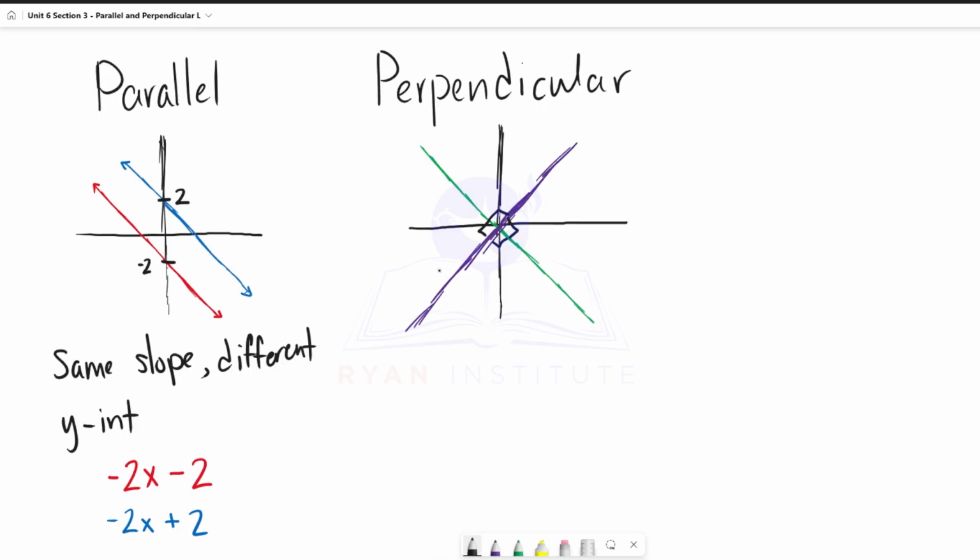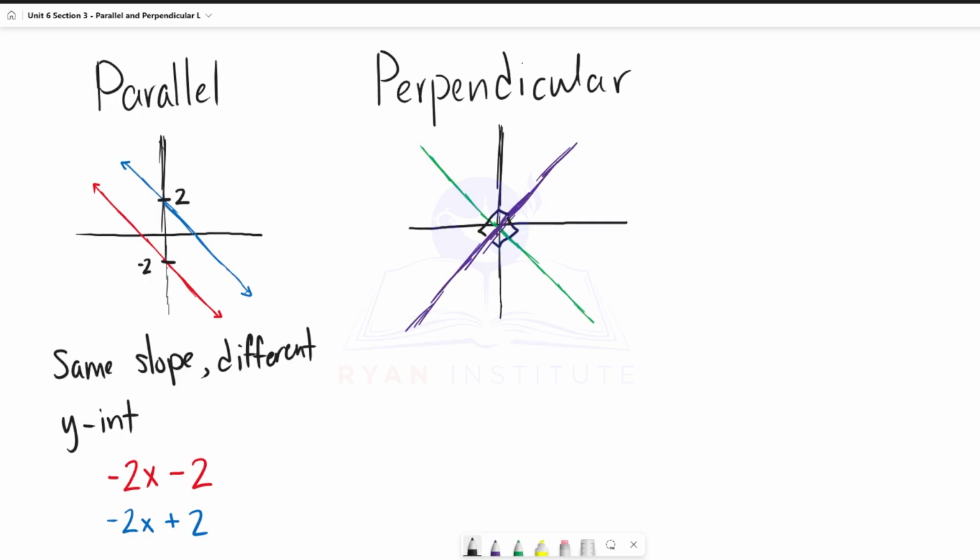And so a usual way to tell if they are perpendicular or not is if the slope of one line is the inverse reciprocal of the next, right? So let's think of a good example here. Inverse reciprocal. So let's take two coordinate points, right?